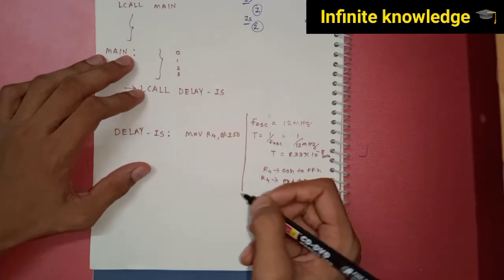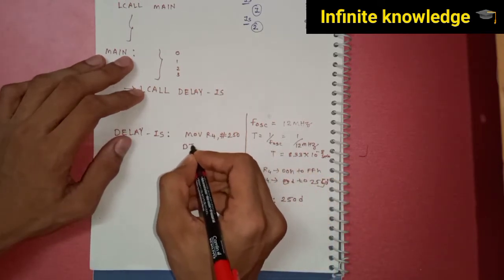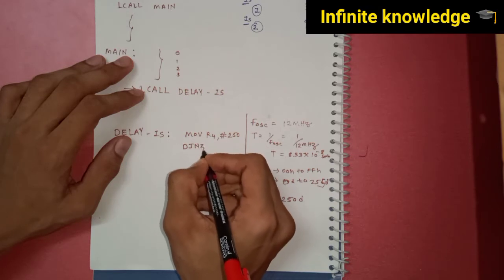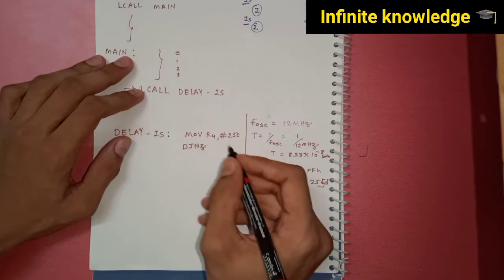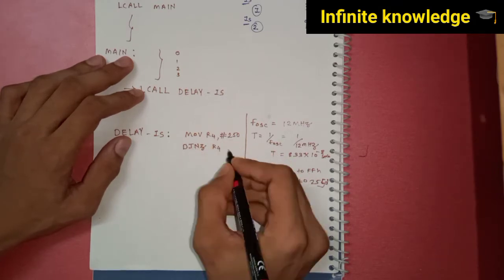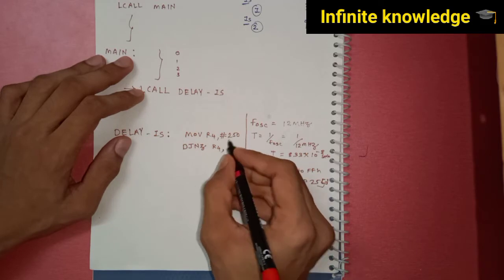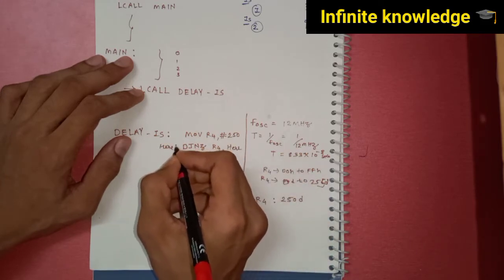Then you have to use one more instruction, DJNZ. What is this DJNZ? Decrement and jump if not equal to 0, R4. It means R4 is decremented now, and jumps if not equal to 0 here. I use it here, so it will jump to this location.